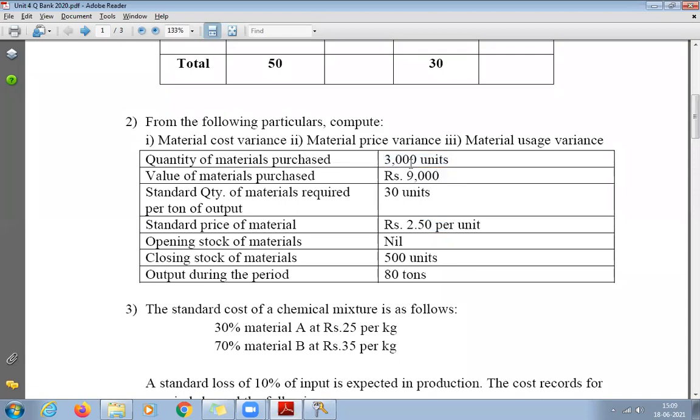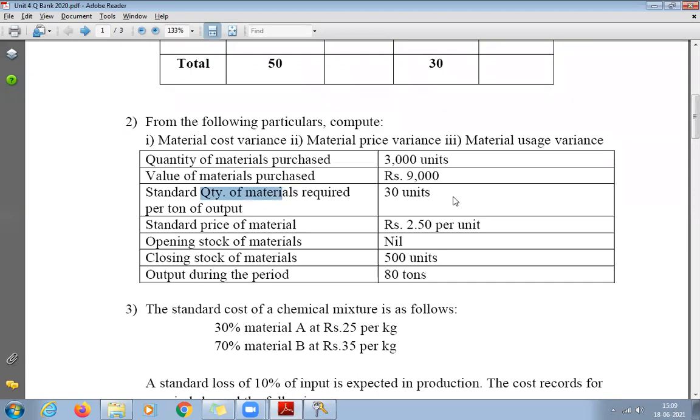That is the actual price. Then he is telling us the output during the period is 80 tons, and the standard quantity of material required per ton is 30.